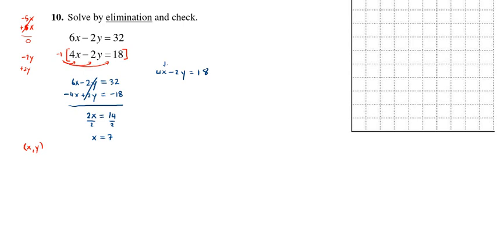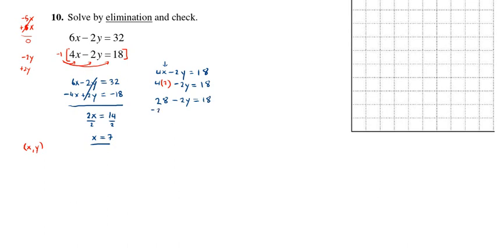Substitute the value of x because here we have x. So 4 times the value of x, that is 7, minus 2y is equal to 18. And now we solve this equation for y. 4 times 7 is 28 minus 2y equal to 18.